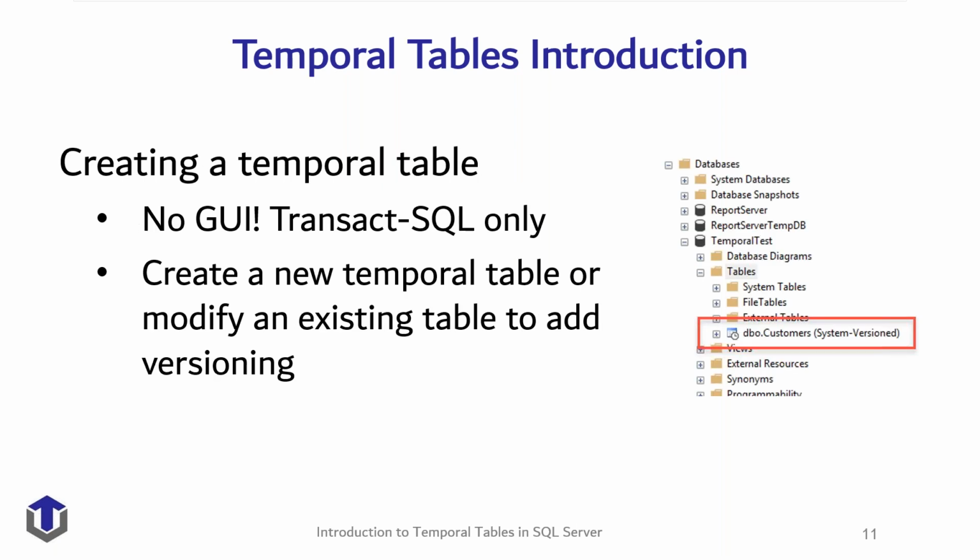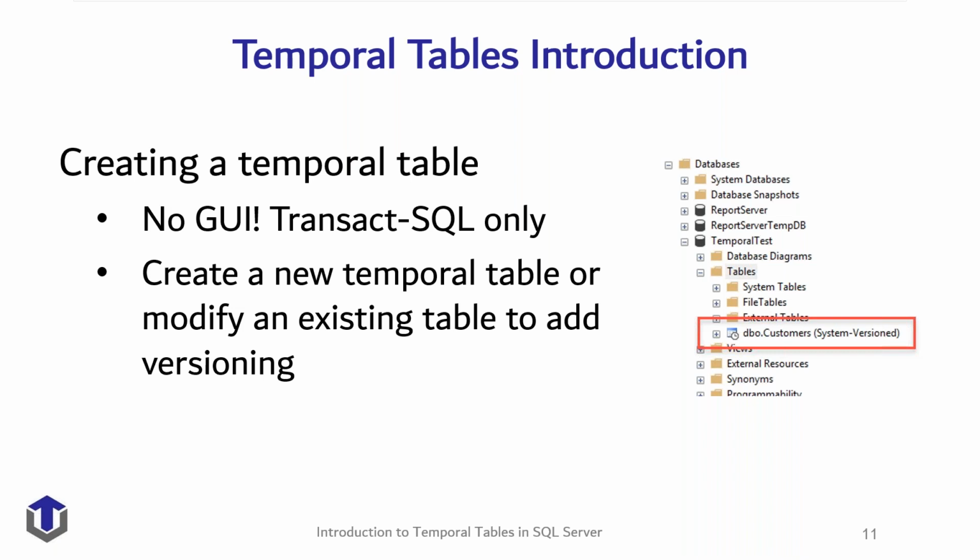Now, one thing you have to get used to is if you go into Management Studio, ordinarily, if you want to create a table, if you want to manage a table, see all the columns that are on that table, for example, you can easily do that in the UI. That's not the case with a temporal table. So as soon as you enable temporal functionality on a table or create a brand new table with temporal functionality, two things will happen.